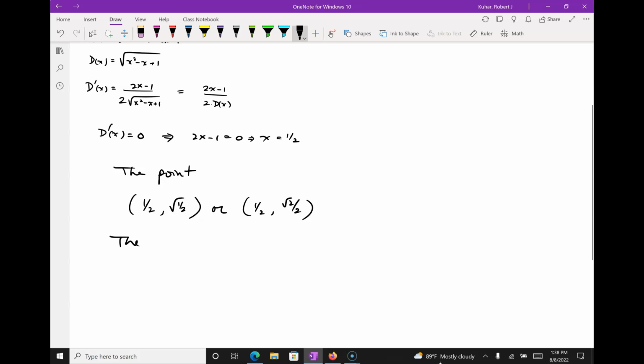The distance, so 1/2 squared minus 1/2 plus 1.